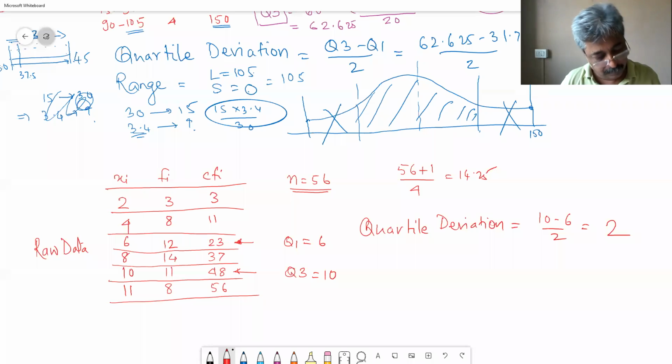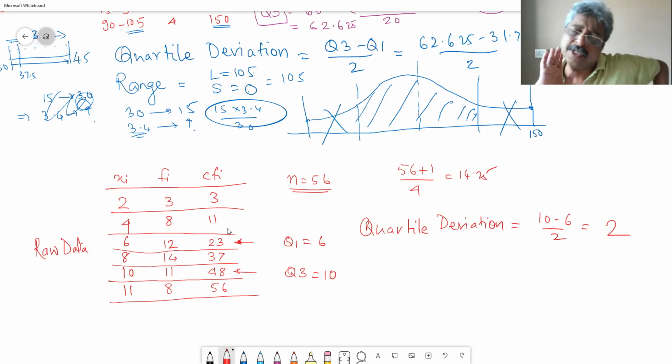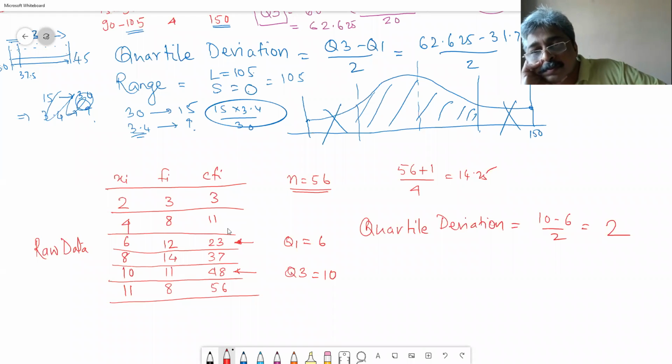Okay. So if it is raw data, then that is n plus 1 by 4. Even if it is, suppose, 56 by 4, then it is 14, then also it is 6 and 10. I don't think that 0.25, why they must have done that, divided by 4.